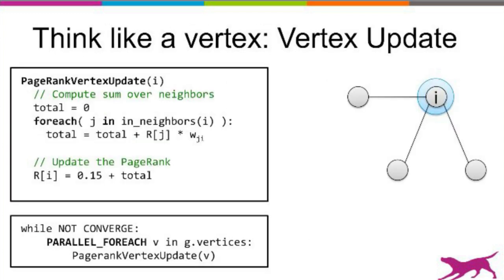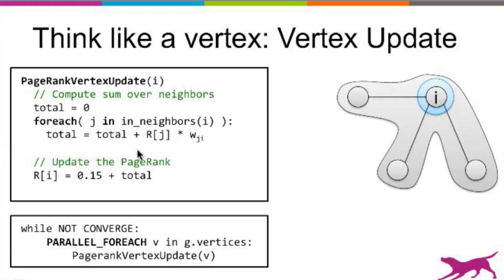So in pseudocode, it looks like a function which takes vertex I, initializes some temporary variable, performs a weighted sum to gather the PageRank from your neighbors, and applies the changes to your vertex at the end. And in the outer loop, you just run this in parallel on all the vertices until it converges.